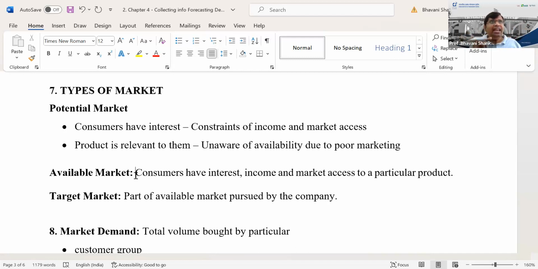Because of their presence in the city, they are getting a lot of jobs every day, and because of that they are able to generate some income, because of which they will be in a position to purchase your 4,000 to 6,000 rupee smartphone.